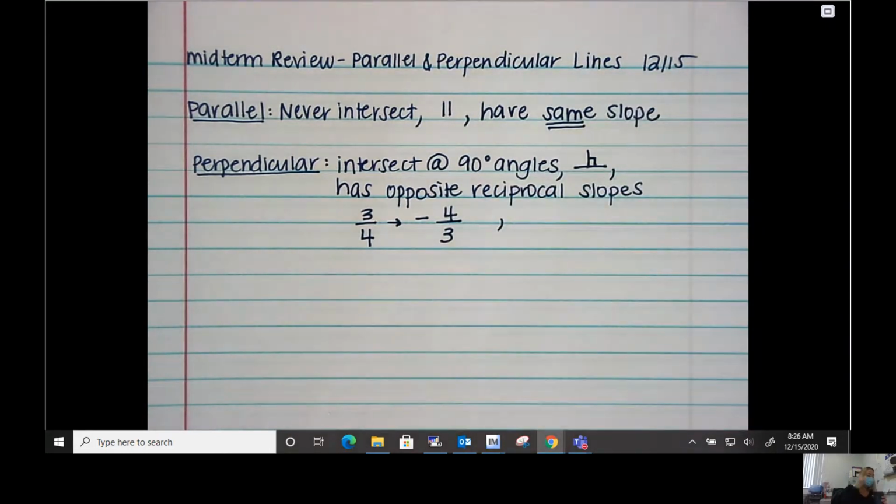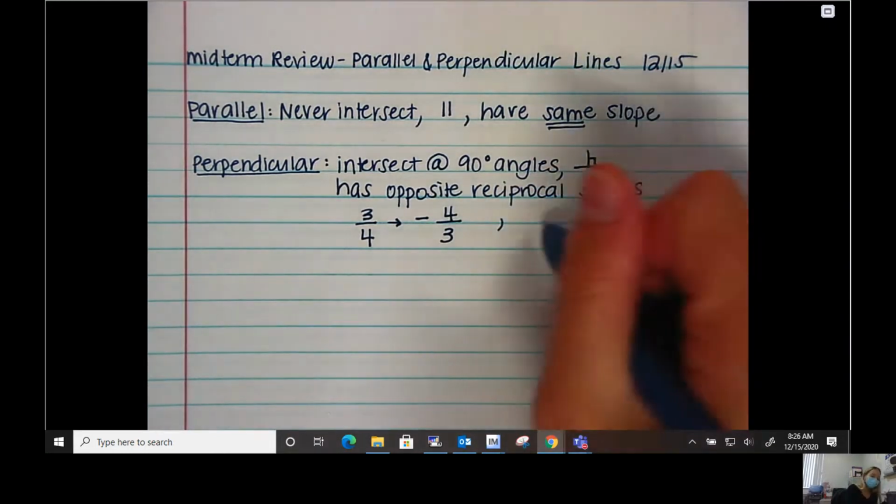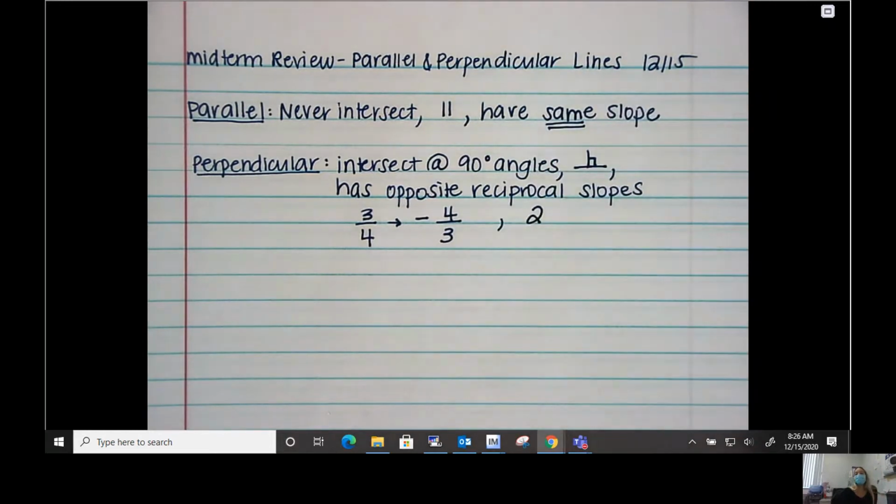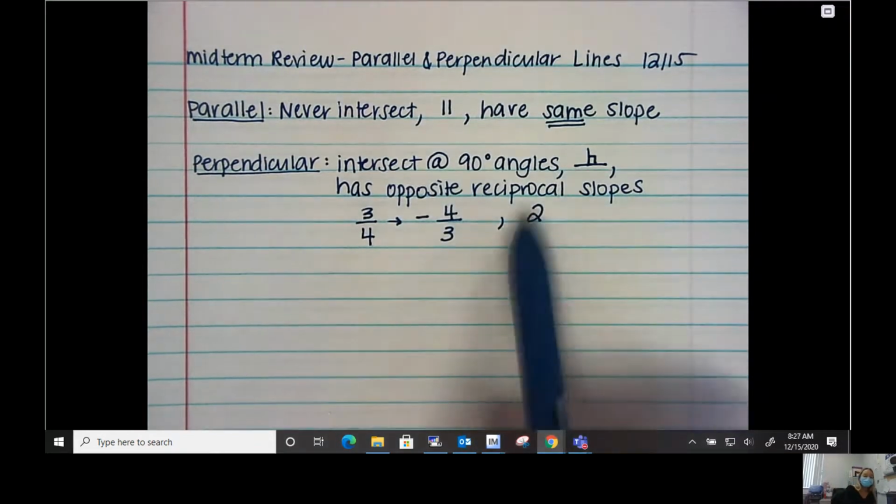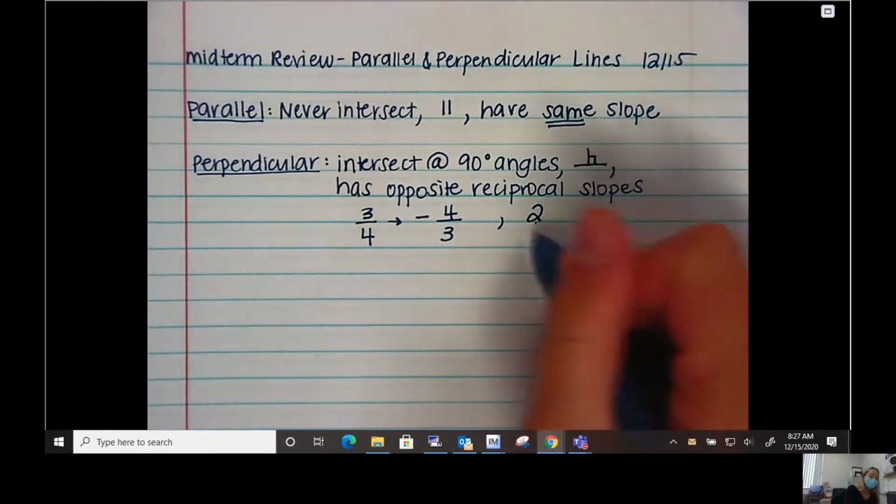Let's try another one. What if I gave you just 2, positive 2? What would its opposite reciprocal be? Ooh, negative 1/2. Very good, because if there's nothing underneath a number, you can put a 1 right underneath it.